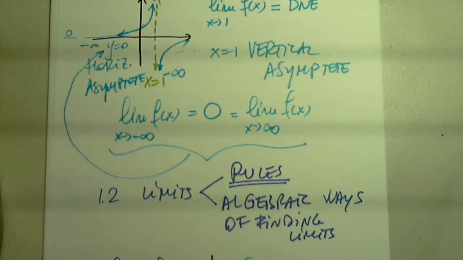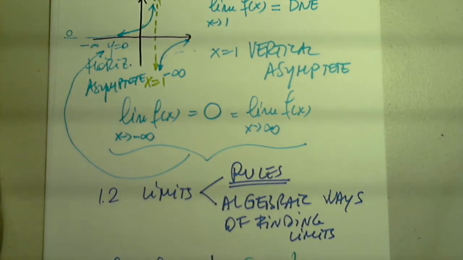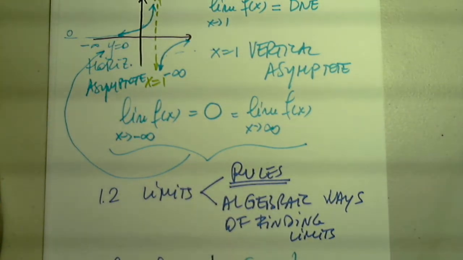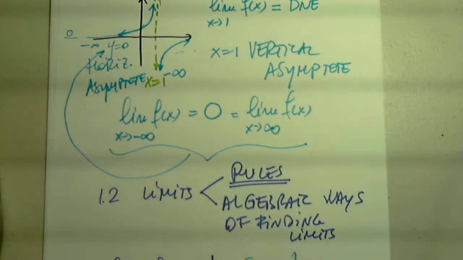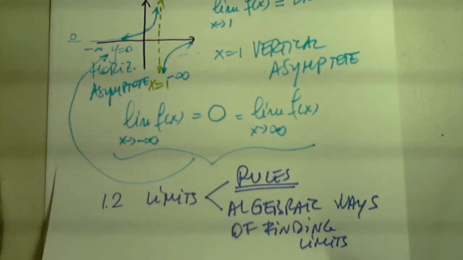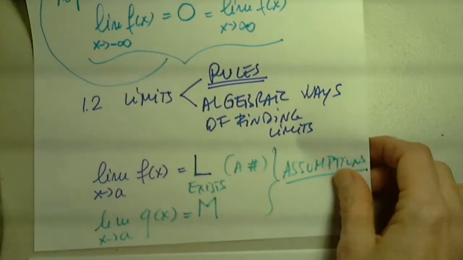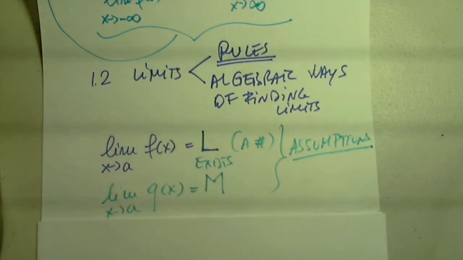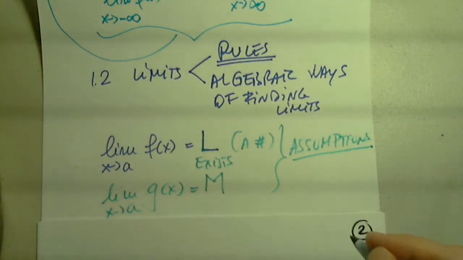It's another number, so it exists. So these are our assumptions. Without these assumptions, we cannot proceed to listing the rules. Here will be our first rule based on the assumptions. Everything is based on these assumptions.